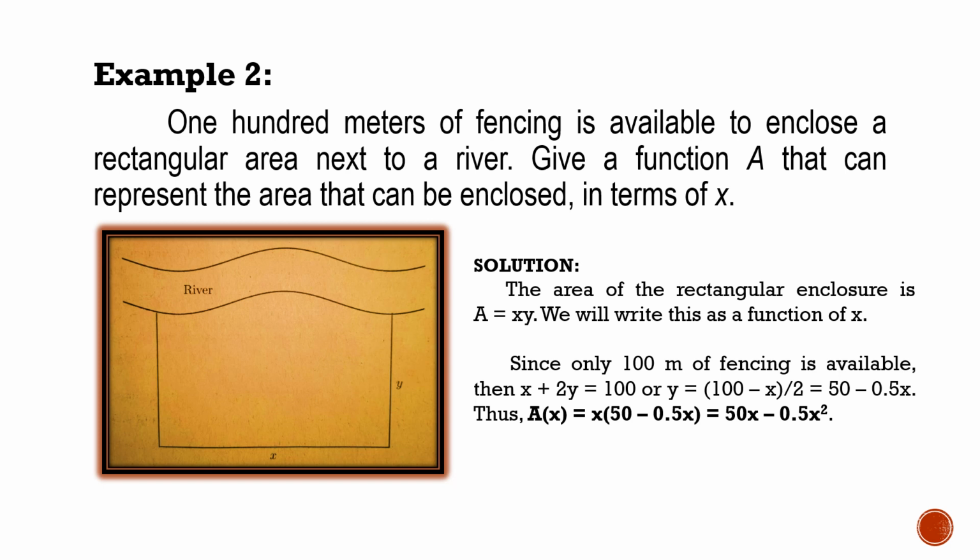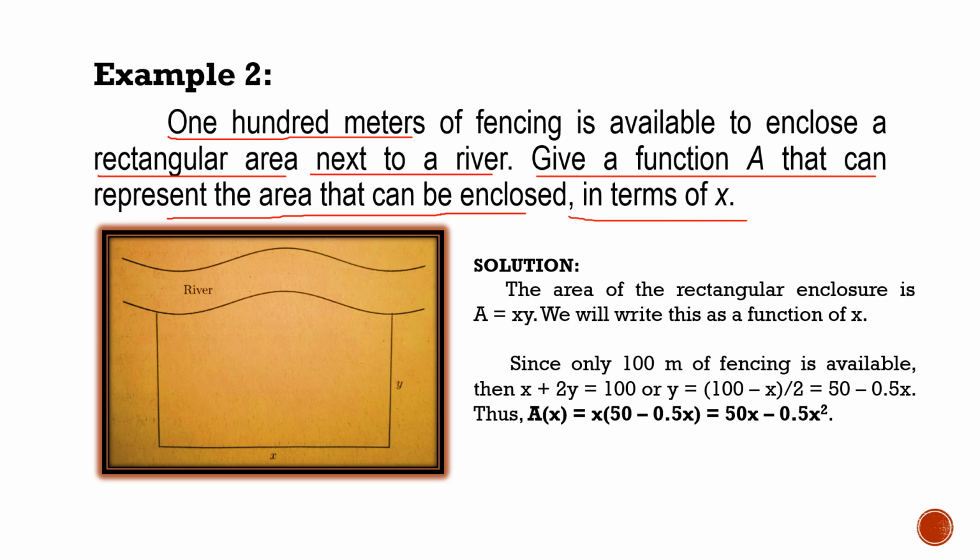So for example number 2, 100 meters of fencing is available to enclose a rectangular area next to a river. So we're asked to give a function a that can represent the area that can be enclosed in terms of x.